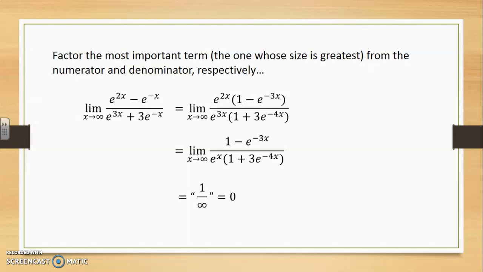At the top, e to the minus infinity becomes 0. So e to the minus 3x and e to the minus 4x, for that matter, both tend towards 0 because they are e to the minus infinity forms. It leaves 1 at the numerator, and it leaves e to the infinity times 1 at the bottom. E to the infinity tends towards infinity. So 1 over infinity goes to 0.